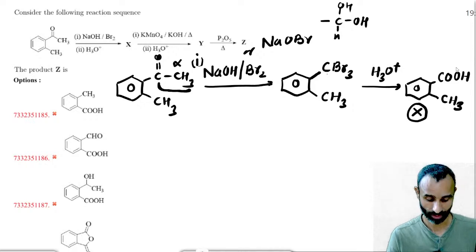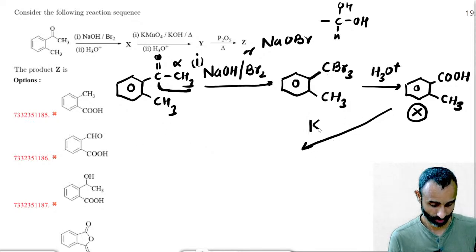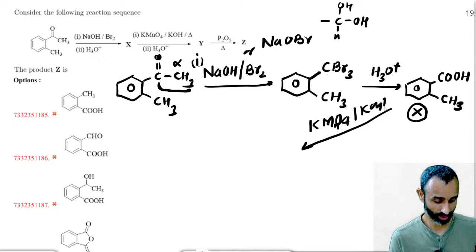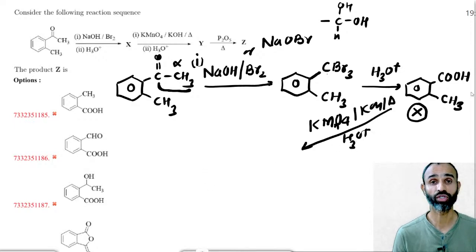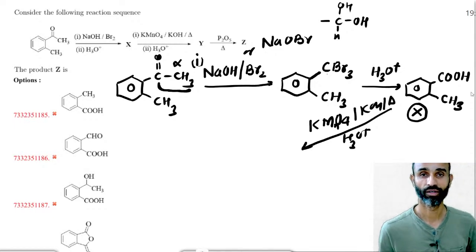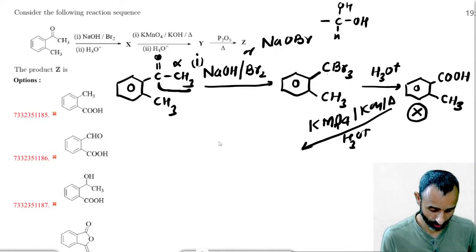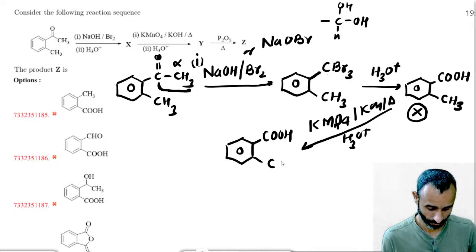After getting this, next is KMnO4, which will oxidize the CH3 group. On hydrolysis, first it gives COOK, and then on hydrolysis we get COOH. So we get metallic acid.